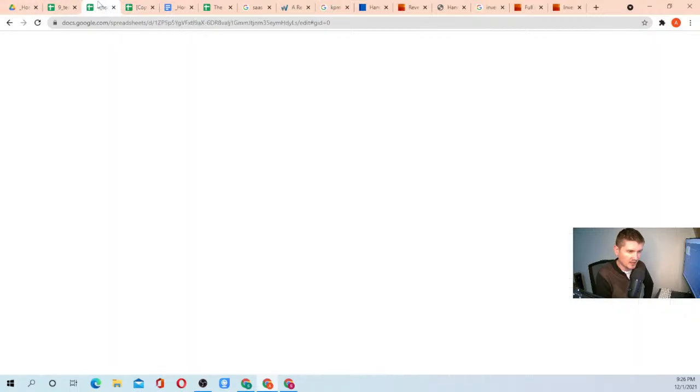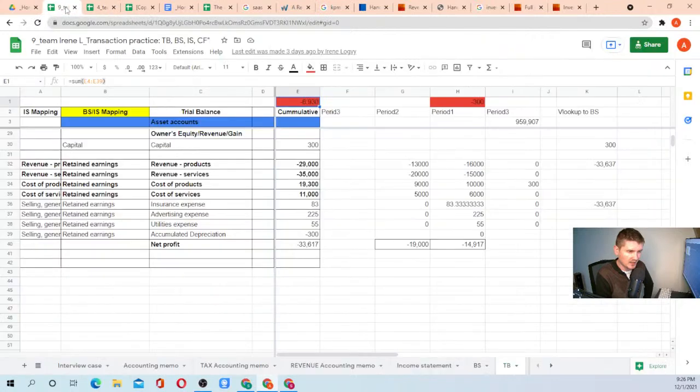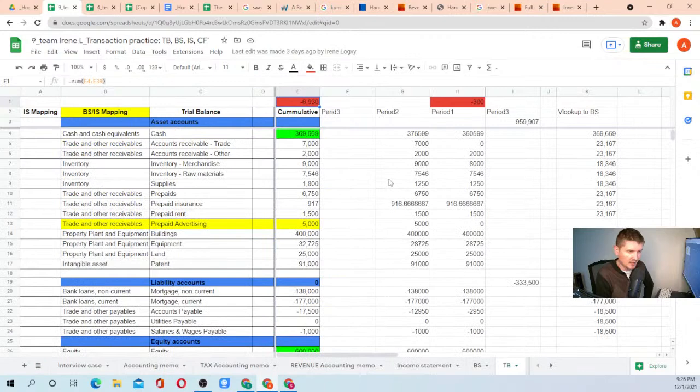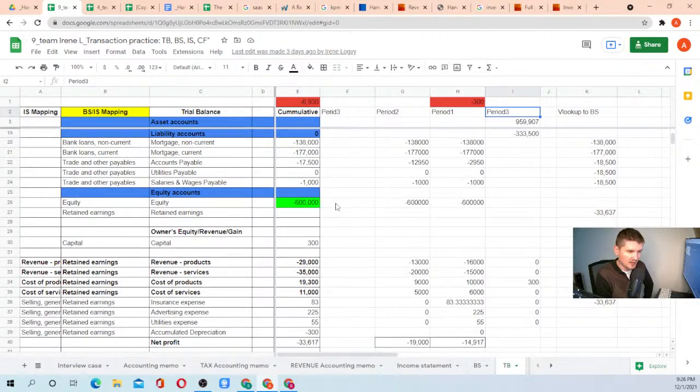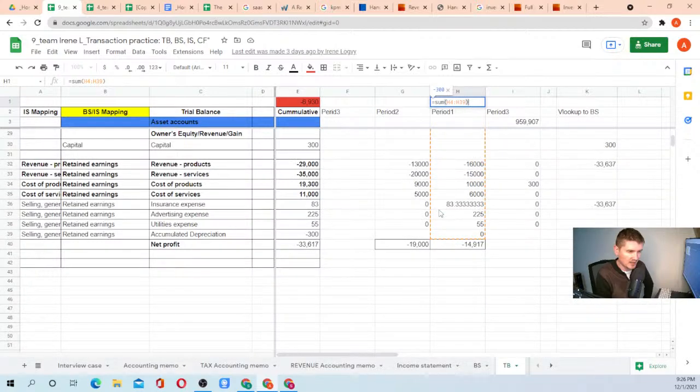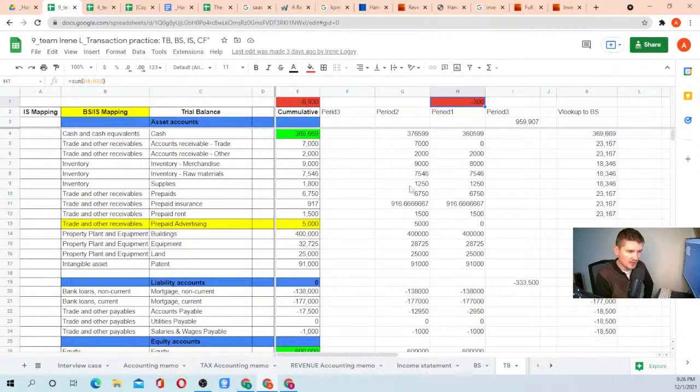I saw Irene did something here, and she has period, for some reason there is period 3. Let's see. Okay, so it's still not balancing.